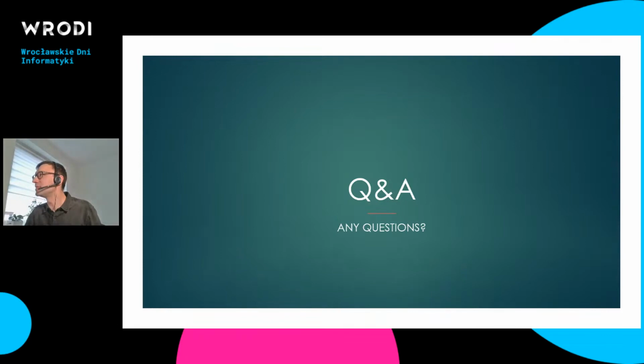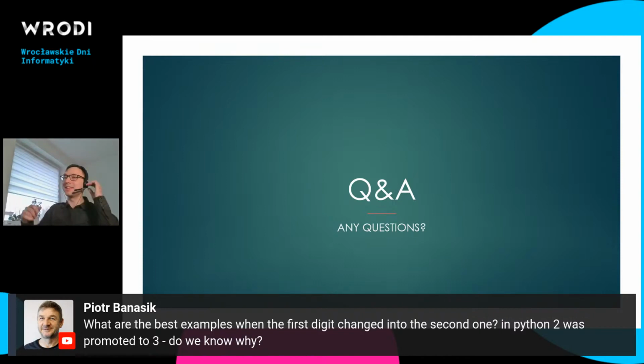Next question is, what are the best examples when the first digit changed into the second one? To be honest, in real life, it might not be as easy as the standard says. The standard says backwards incompatible changes were made to the API, but sometimes it tells nothing to the users.